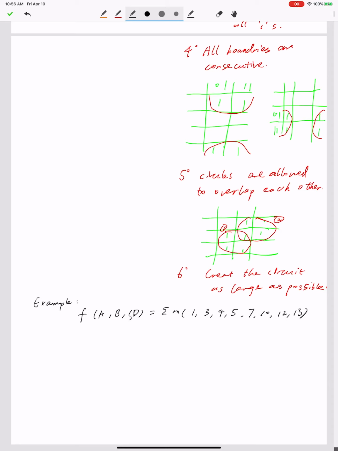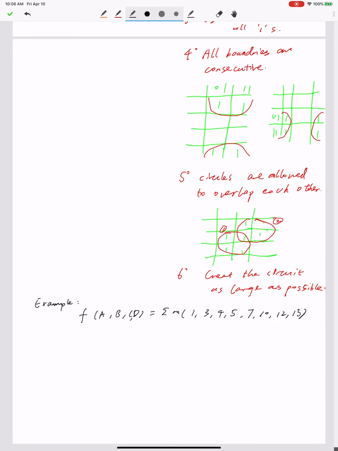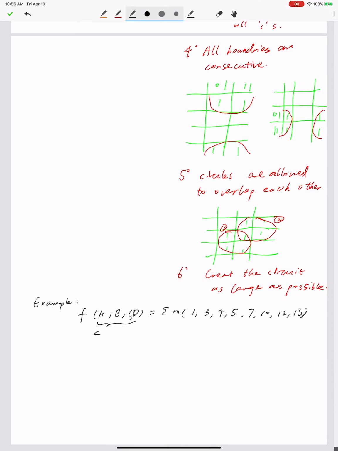So here, we have a 4-input truth table, presented in the sum of product way, and those are the rows outputting 1. Alright, without further talk, let's draw the blank kernel map first.